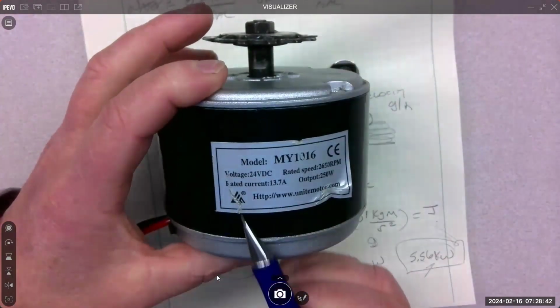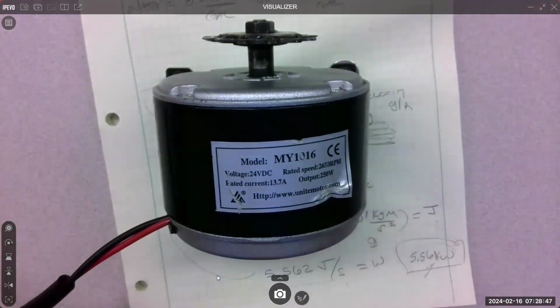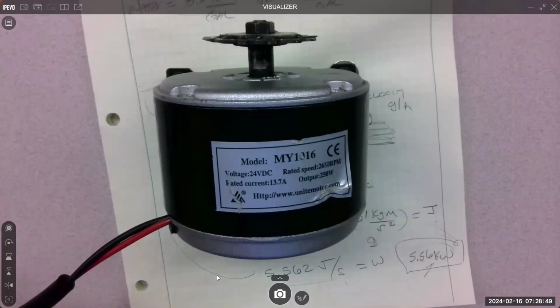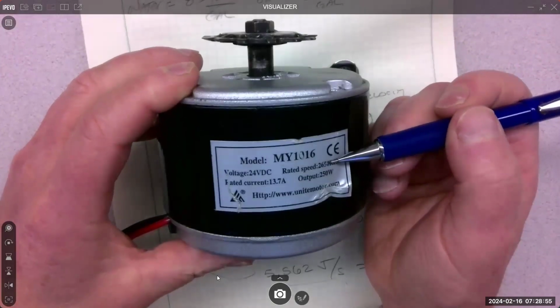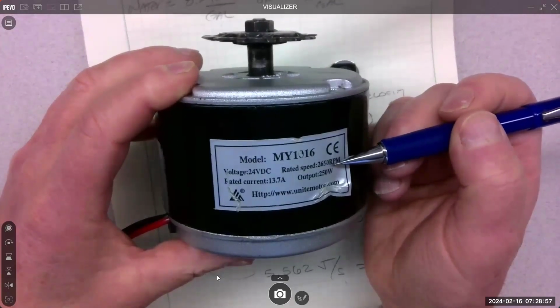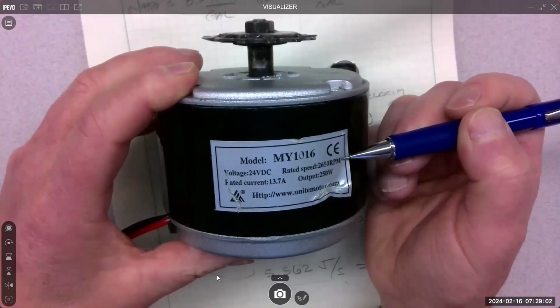You can see that the rated voltage is 24 volts, so this would have to be converted to 120 if we wanted to use it on the grid. It needs a rated speed of 2,650 RPM, so 2,650 revolutions per minute.